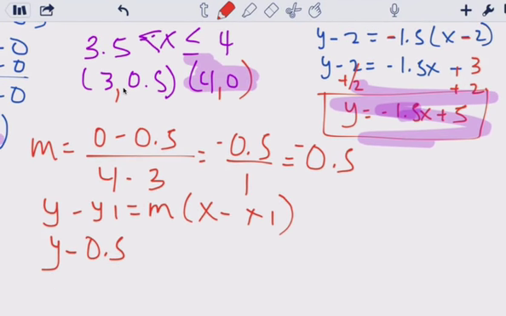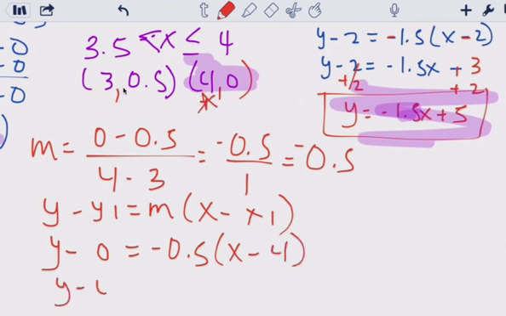I'm going to choose 0 and 4 instead of the decimal. Y minus 0 equals m, which is negative 0.5, parentheses x minus 4. This 4 right here. Y minus 0 equals negative 0.5x plus 2, and add 0 to both. Leaves y equals negative 0.5x plus 2.